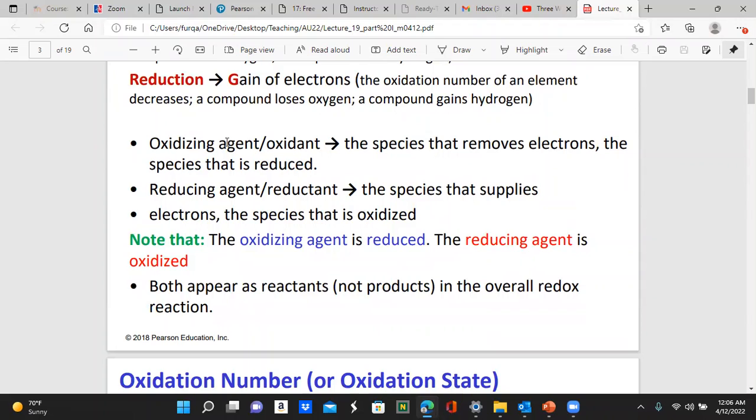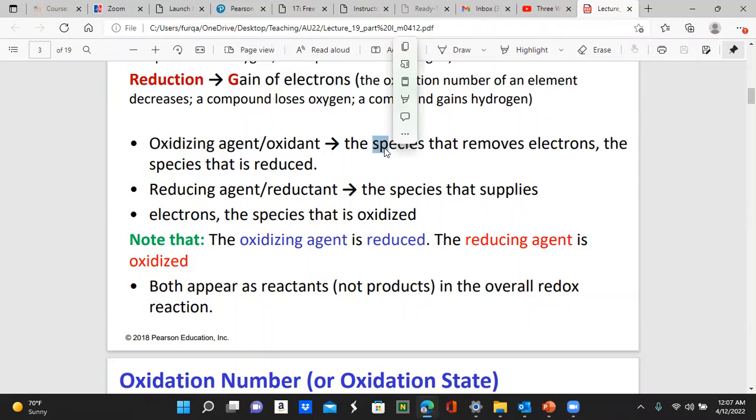Skipping it, moving forward. One thing that you must understand here is what is an oxidizing agent and what is a reducing agent. Oxidizing agents are also called oxidants, and reducing agents are also called reductants. So what does oxidizing agent mean?